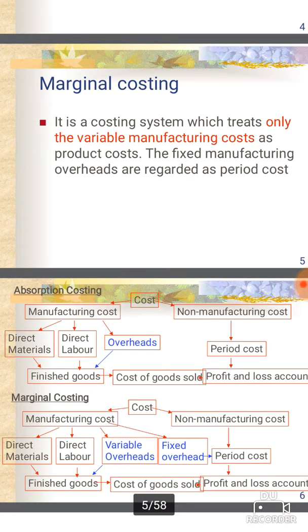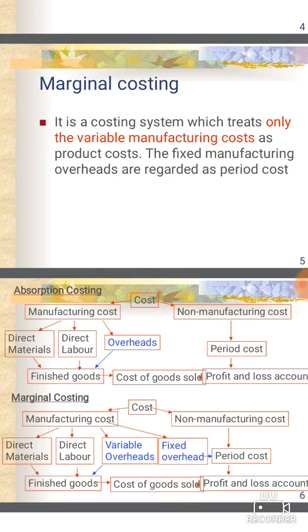Here we see the diagram of absorption costing. Cost is divided into manufacturing cost and non-manufacturing cost. In the manufacturing cost, there are direct materials, direct labor and overheads, whereas in the non-manufacturing cost, period cost is there, and the profit and loss account.